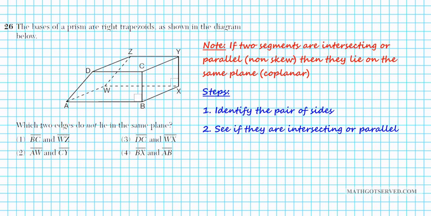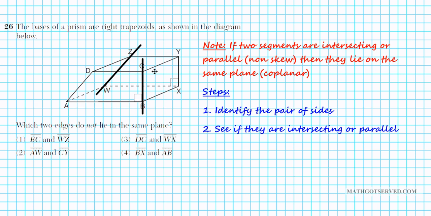So let's take a look at BC and WZ. Segment BC is this segment going up and down right here, and then WZ is back there, that segment. Now, if we put a line on these two segments and extend them, are they going to intersect? The answer is no, they never intersect.